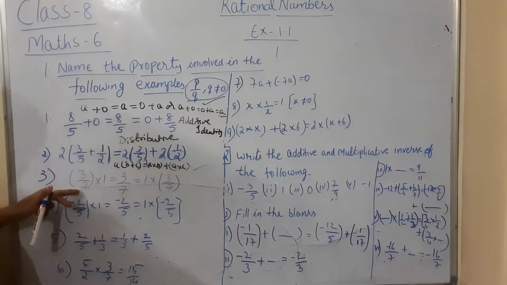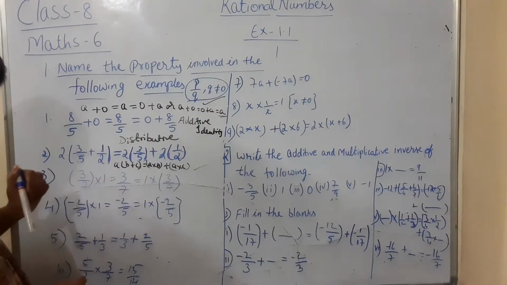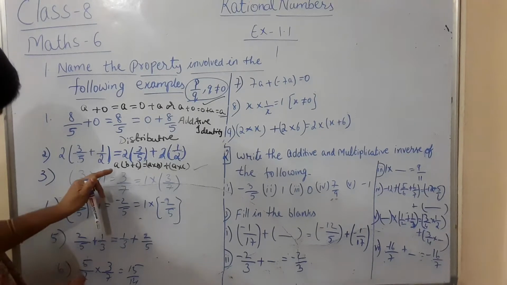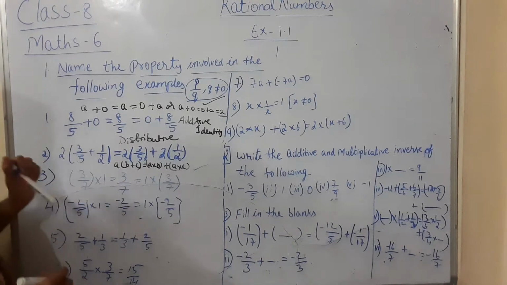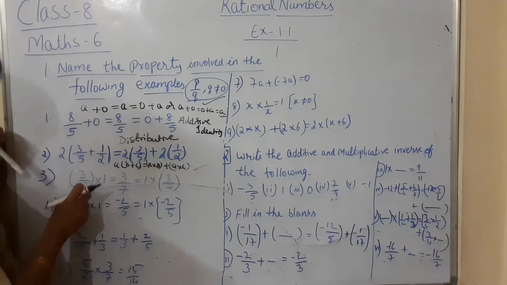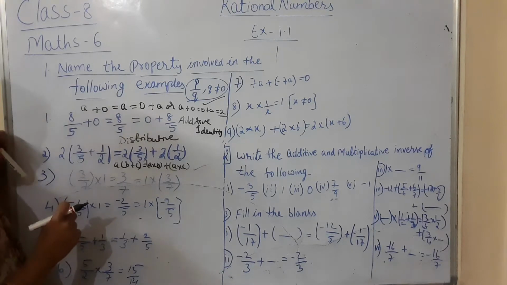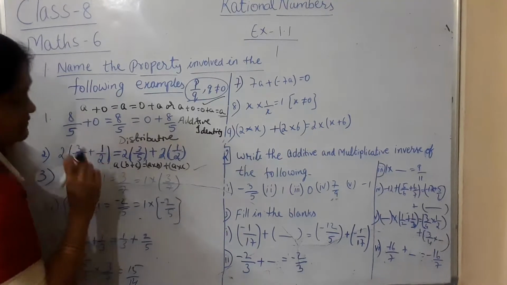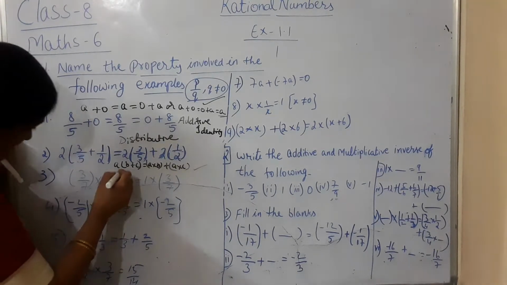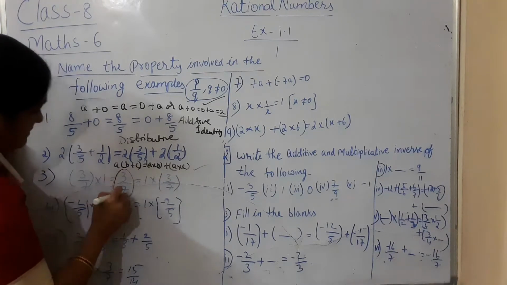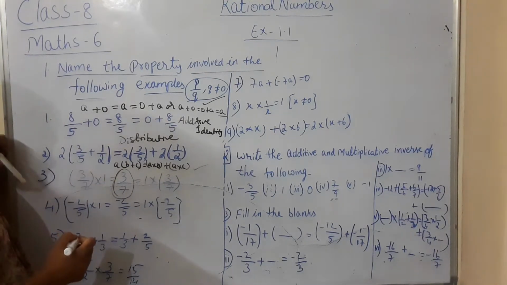Next, 3 by 7 into 1 is equal to 3 by 7, which is equal to 1 into 3 by 7. Now here, this rational number is multiplied with 1 and 1 is multiplied with the rational number. What is the result? Again we get back the same number. So what property does it satisfy?